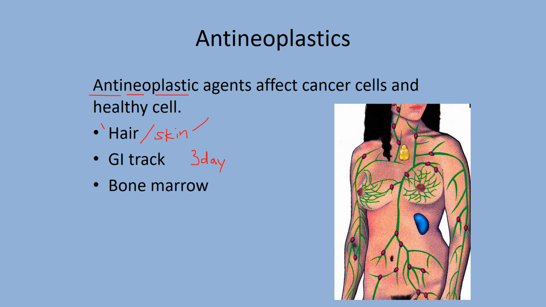So they are actually constantly turning over. And now they're not being replaced. So you have a lot of GI problems. And in your bone marrow, that's where blood cells are formed. So the cancer med doesn't only affect the cancer, but it also affects your healthy cells. So you'll be anemic.